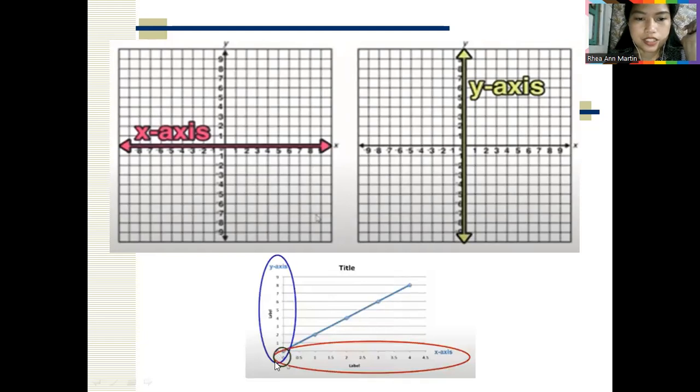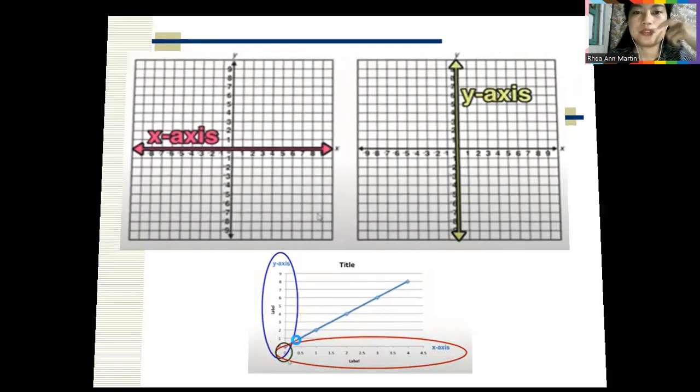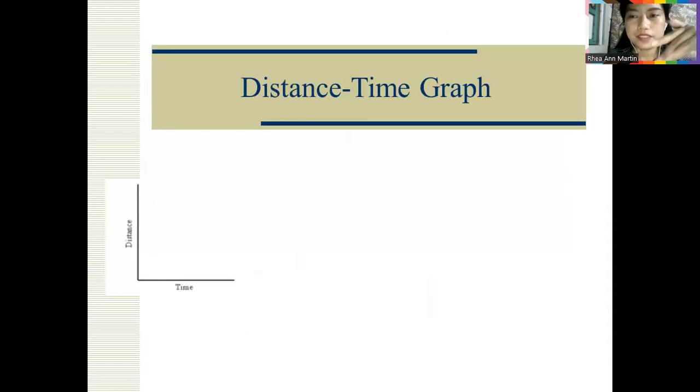So here, in the green circle, this is the point of origin, 0, 0. While the red one is the x-axis, the blue one is the y-axis, and this is the line of data connected. So, depende yung data mo kung anong mukha ng line doon sa loob.